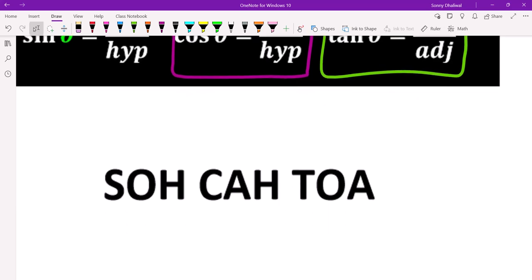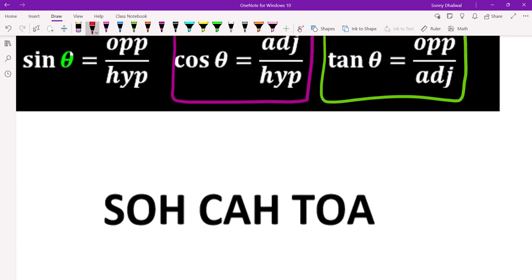It gets stuck. So the way this works is the S stands for sine. The equation for sine is opposite on the top, hypotenuse on the bottom. Opposite over hypotenuse. Cosine of our angle is adjacent over hypotenuse.